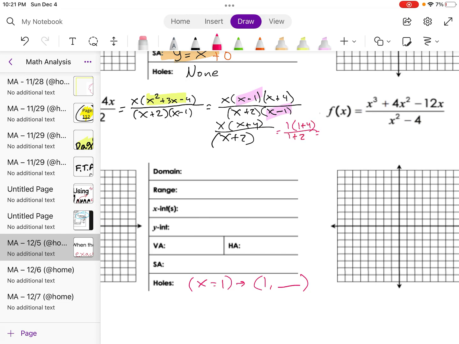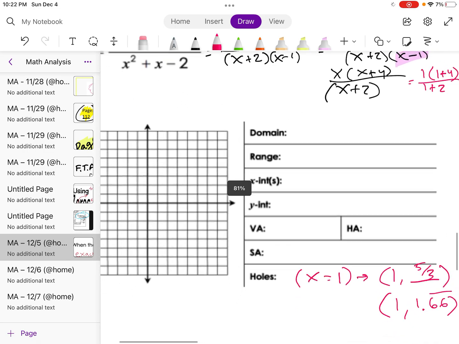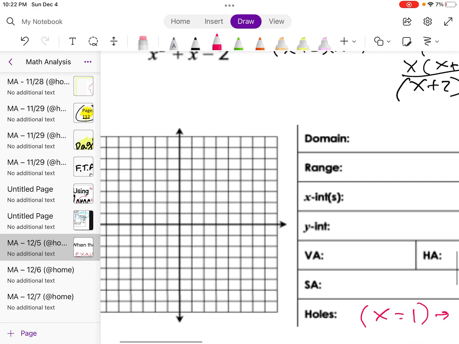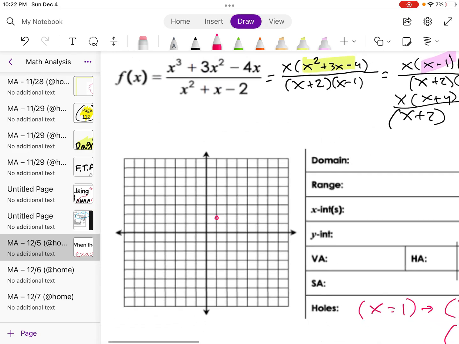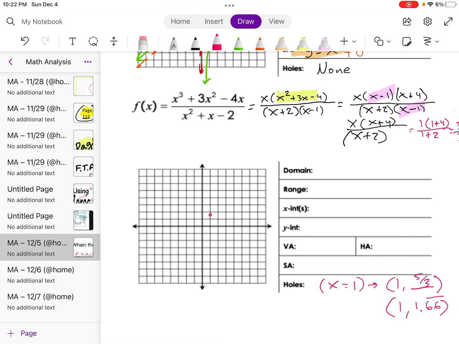So if I plug a 1 into everywhere I see an x, this is 1 plus 4 over 1 plus 2, or 5/3. So I'm going to say there's a hole at (1, 5/3), or you can write it as 1 and 2/3, which is 1.66. So I'm going to go to my graph right now and put that there is a hole happening there, at 1 and 1.66. So we've got something right here. There's an open circle.